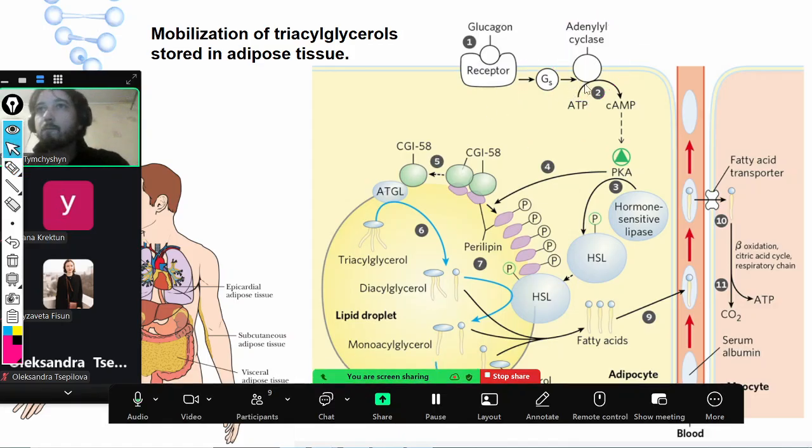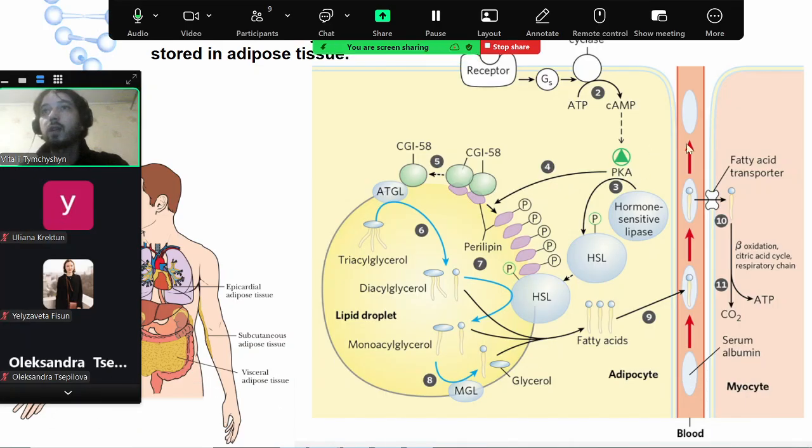Okay, so now what's happening here? Of course, the adenylyl cyclase synthesizes some cyclic AMP, a second messenger. It activates protein kinase A, and this protein kinase A starts doing different things, like phosphorylating the hormone-sensitive lipase.